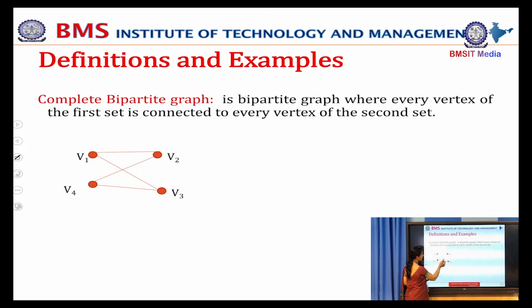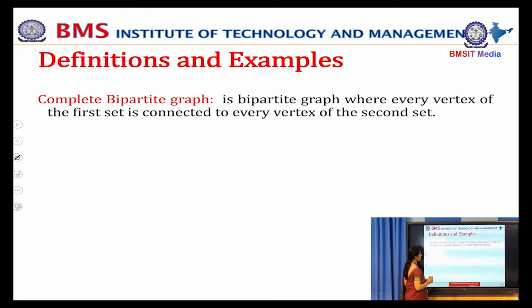V1 belongs to set 1 and it is connected to all the vertices of set 2. V4 belongs to set 1 and it is also connected to all other vertices of set 2. So we call it a complete bipartite graph.